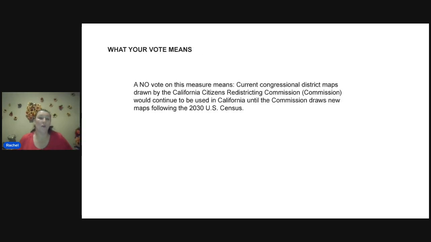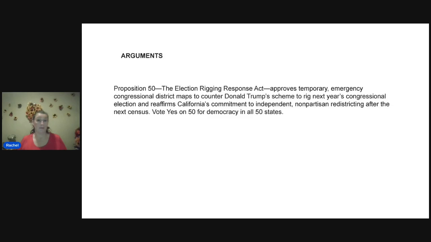A no vote on this measure, that is current congressional district maps drawn by the California Citizens Redistricting Commission, or the commission, would continue to be used. So there would be no changes. And that would be until the 2030 U.S. Census. All right. Now, let's get into the arguments.